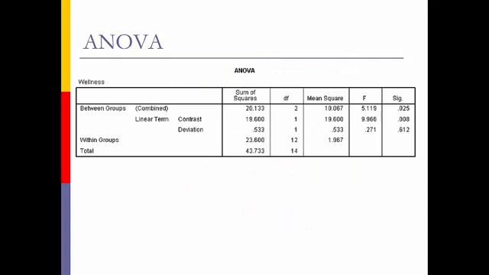So we can just look at the traditional ANOVA. And what we can start to see is we've got the systematic, that's our between groups. If you don't do a contrast, you will not have this information in there. And the unsystematic is our within groups. And this is the linear, so this is more of our trend analysis.